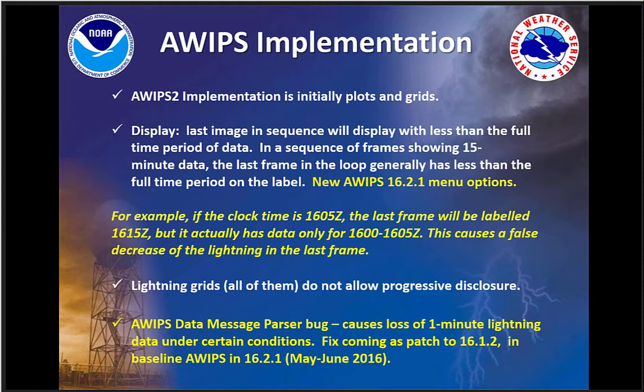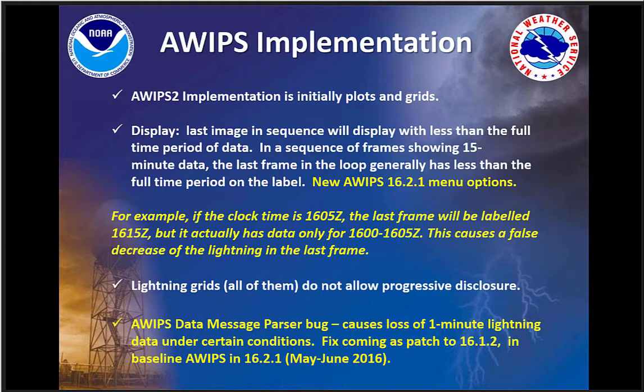We finally isolated it down to an AWIPS data message parser bug, which is basically a text bulletin comes in, it gets decoded and parsed, and then that data is the point data for the lightning. And there was a bug in there which was causing the data message to be rejected by AWIPS completely. So I'll show you what that looks like in just a minute.